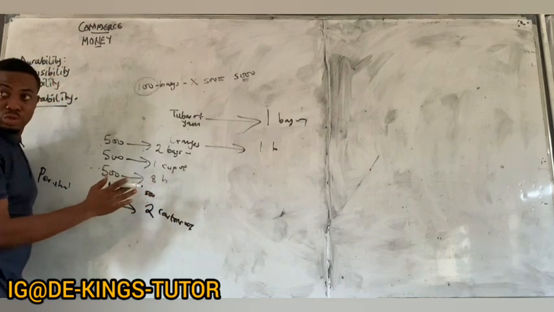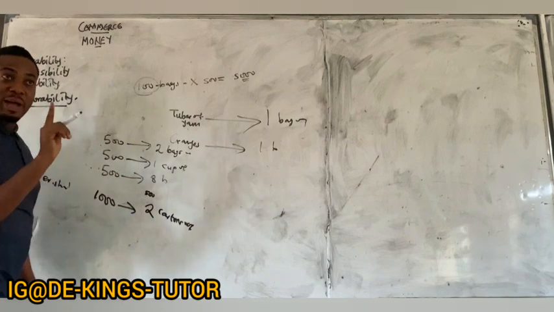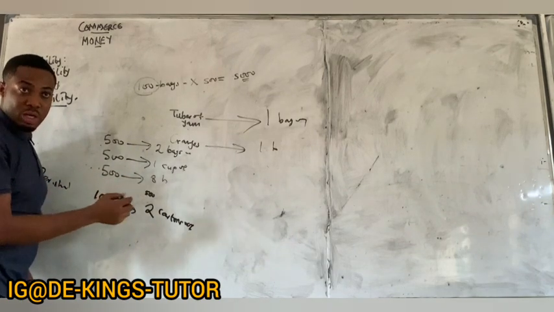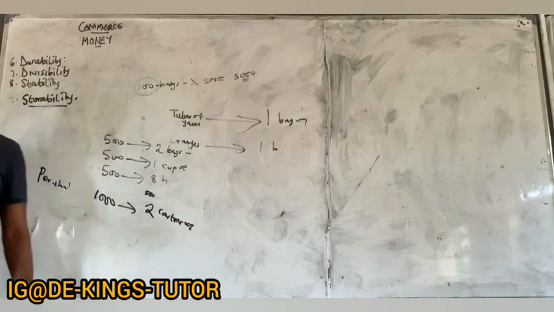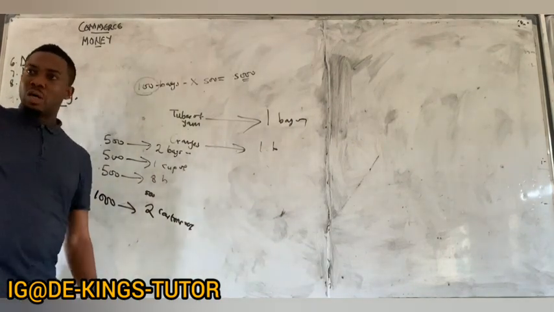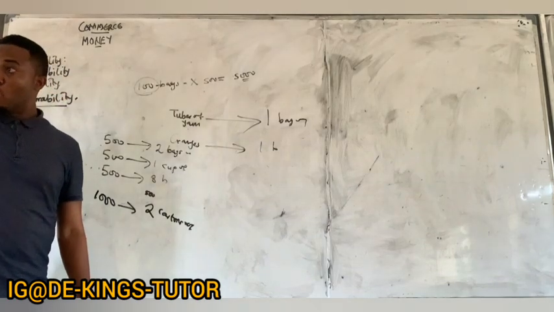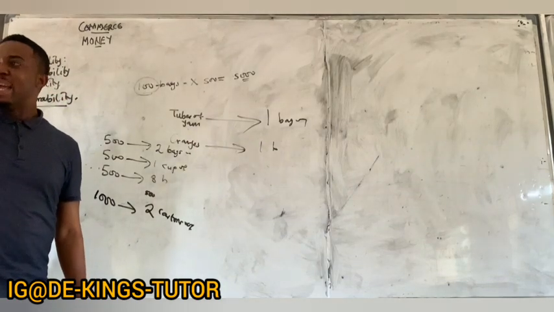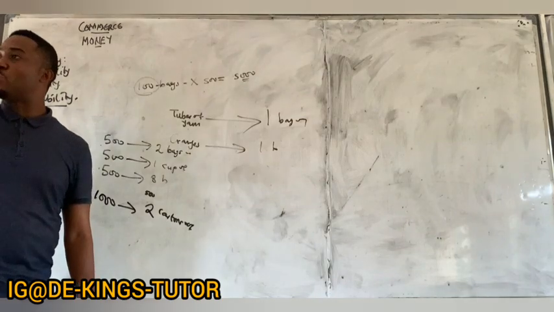Now, if there is inflation, inflation means a persistent rise in the price level of goods and services. It means the price of goods has increased over time.